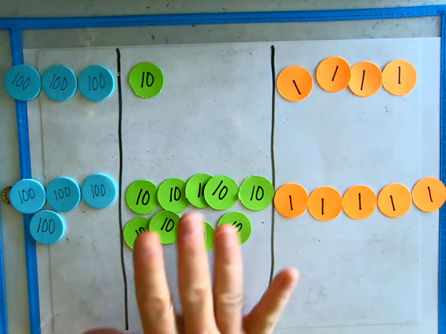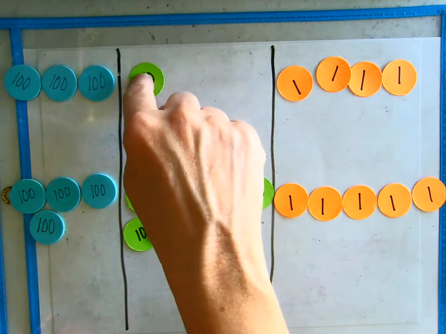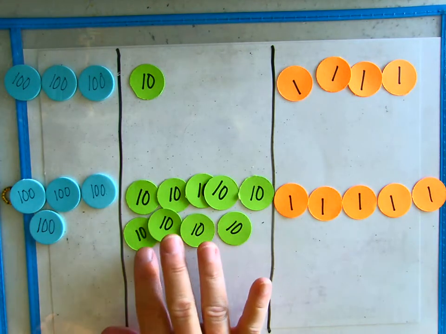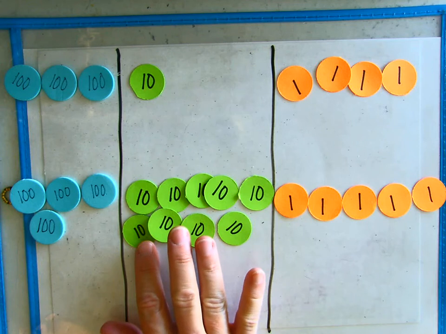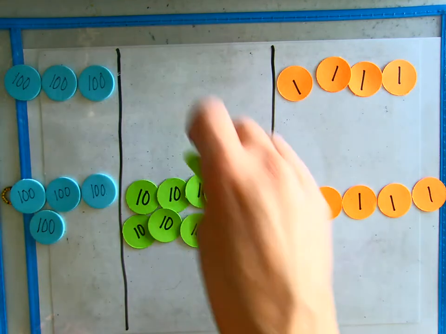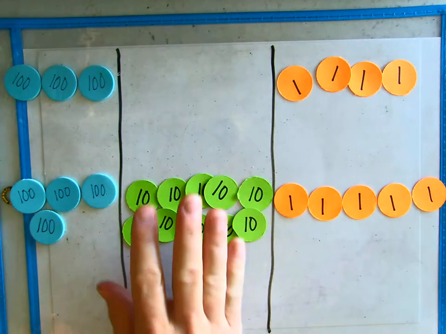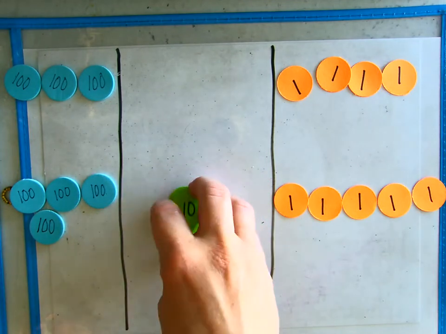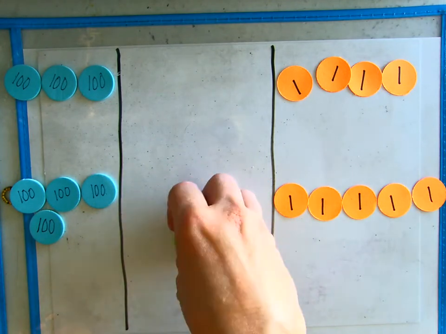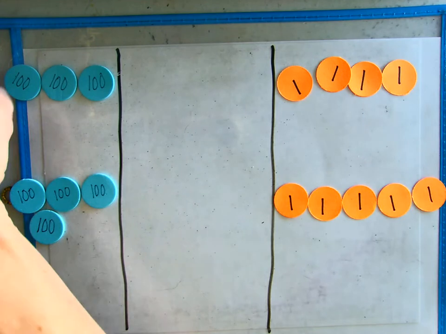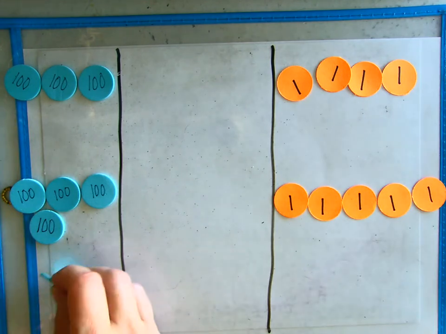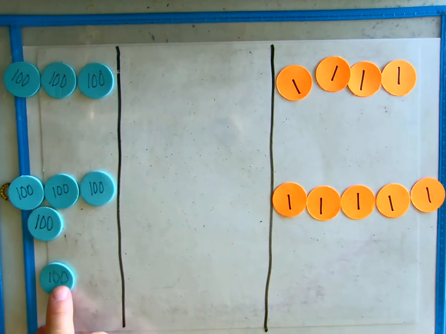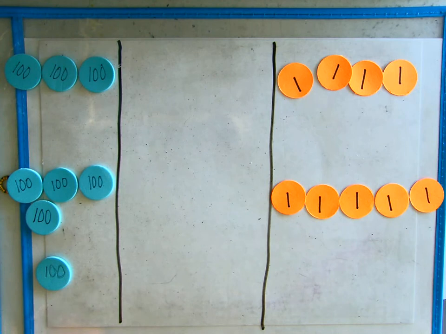Now, coming to the tens, we have 1 plus 9. That makes a group of 10. I have 10 tens. I'm going to compose those 10 tens, and I'm going to make a new group of 100 down here.